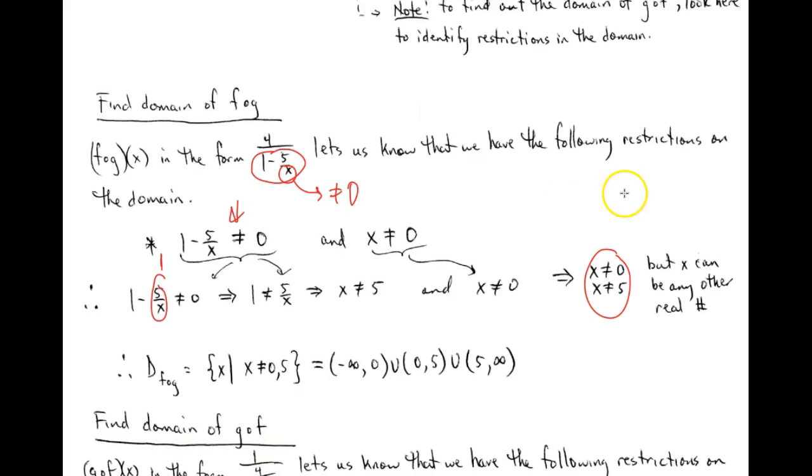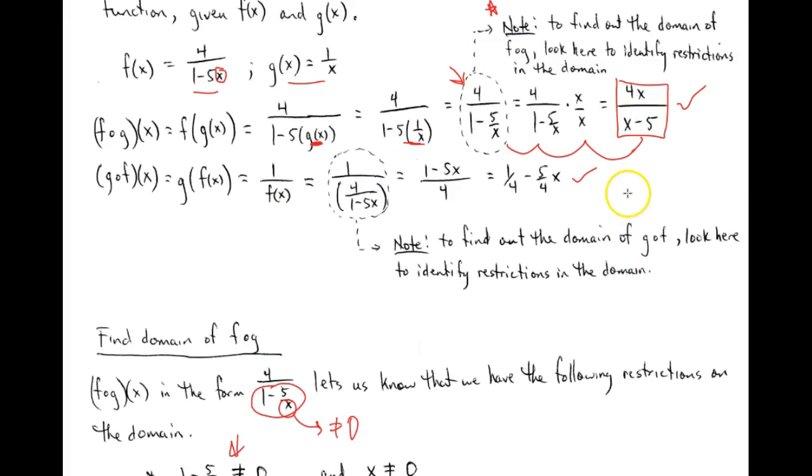Now, to make my point, if we come back up here to the result of f of g of x, the only thing that it alludes to is that I cannot plug in a value of 5. That end result does not allude to the fact that you also cannot plug in 0 at all. And that's the hidden secret. So that's why we have to look at the domain in this form so that we can see everything.